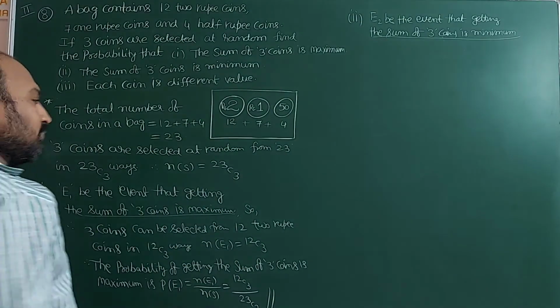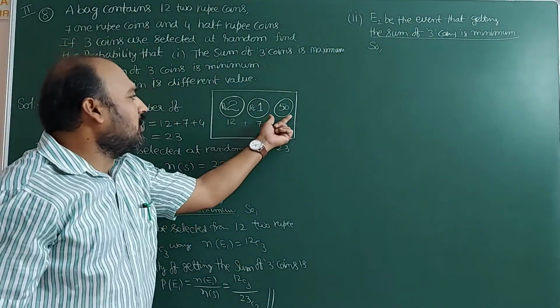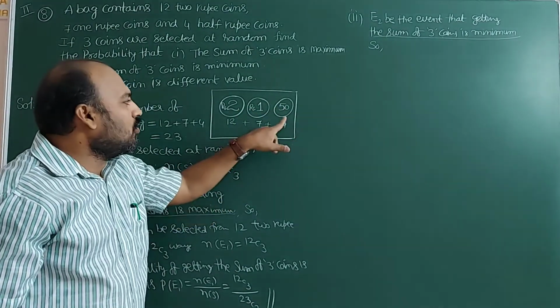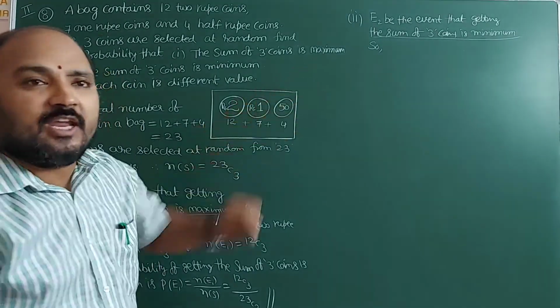So what we have to do? Minimum means small. 50 paise is the minimum value among these 3. So from 4 50-paise coins we can select 3.